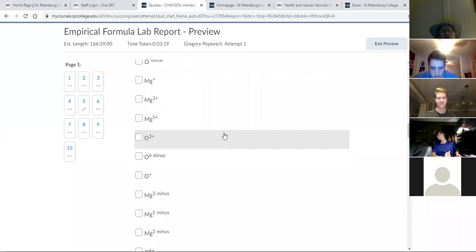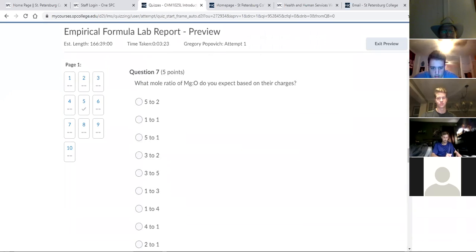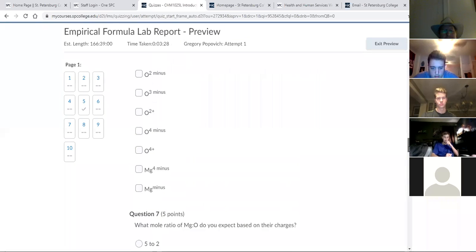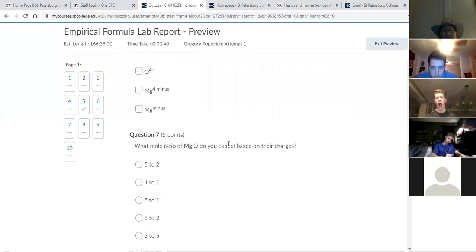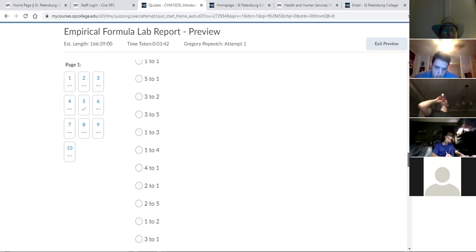Figure out what the charge on the magnesium and the charge on the oxygen is. We just need the charges, not the subscripts. Just make sure you know that the oxygen is negative and the magnesium is positive. Then what's the molar ratio of MgO?